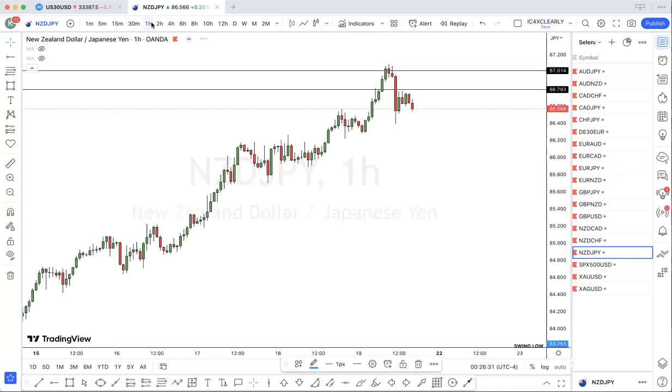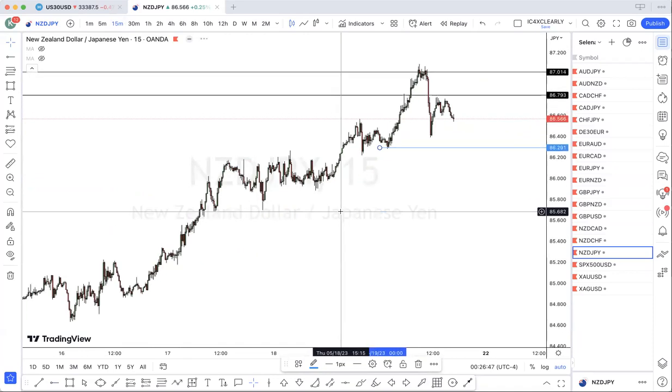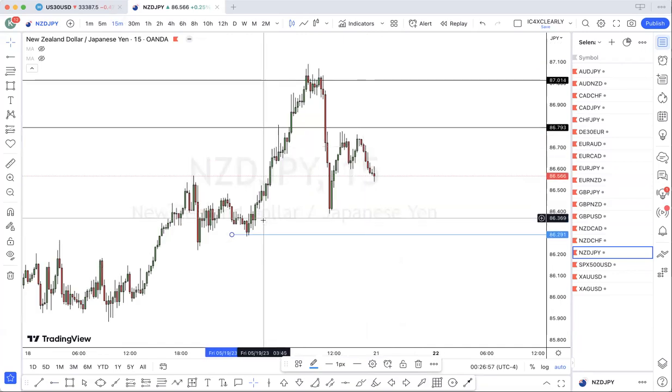Let's go to the 1 hour. So once price breaks this internal low here, we can probably get in. Because you had a push up, you had a correction, and you had this push up. So this is the internal micro low.